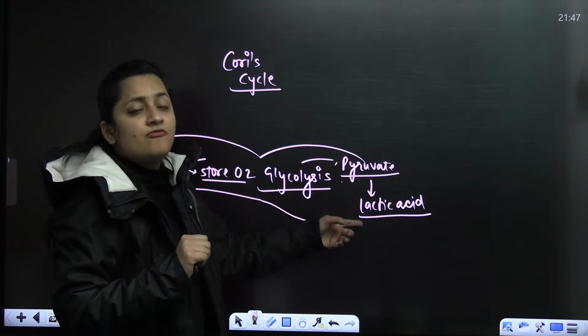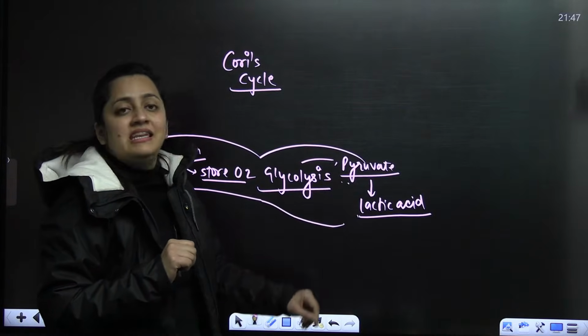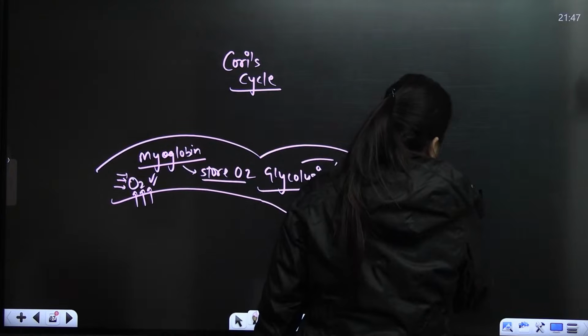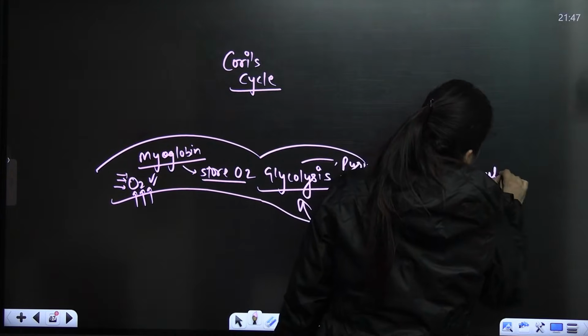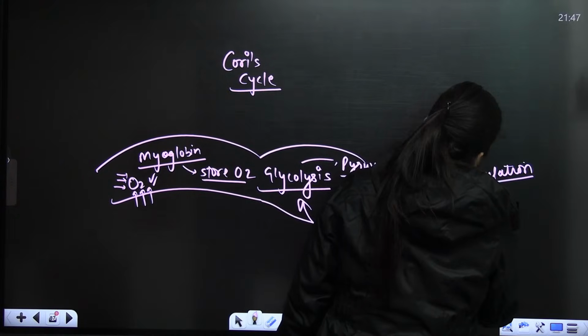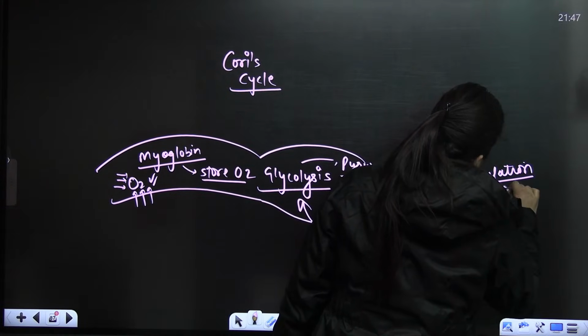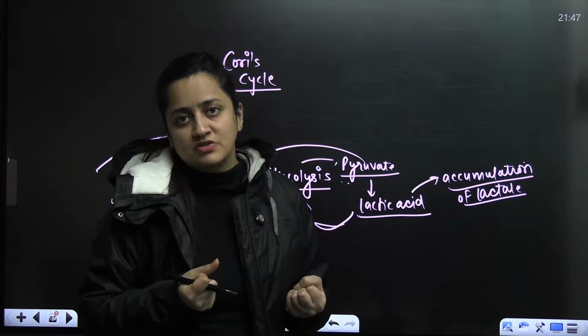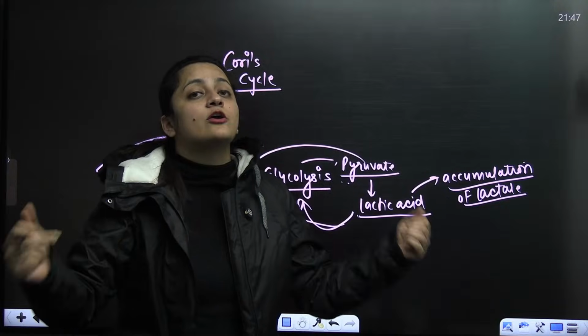This pyruvate will form lactate here. When there is an accumulation of lactic acid or lactate, we face muscle cramps, because the lactic acid is accumulated there.